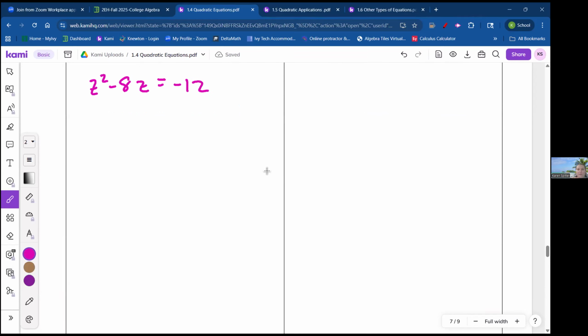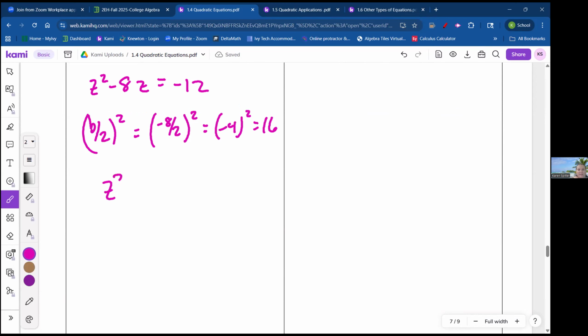Subtract the 12. Divide the b by 2. Okay, there you go. Add the 16 to both sides. Z squared minus 8z plus 16 is equal to negative 12 plus 16.